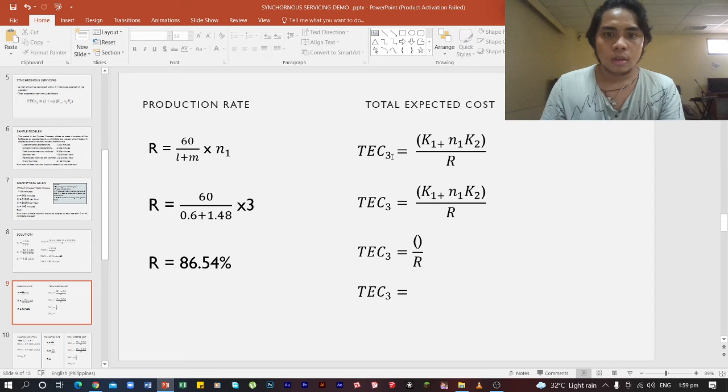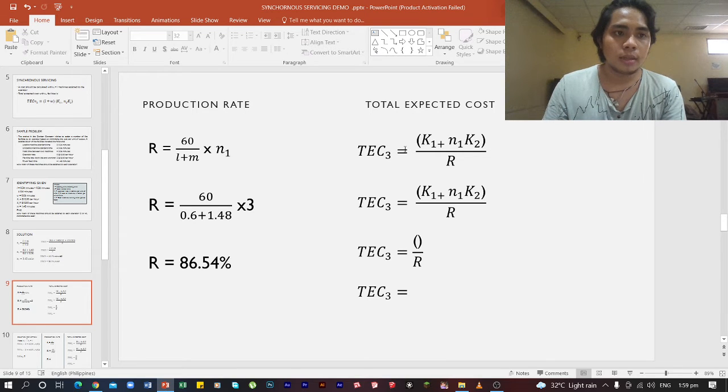So the total expected cost, TEC, can be solved in this particular way. Here it is.